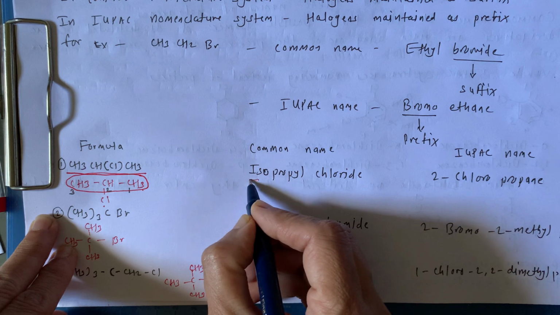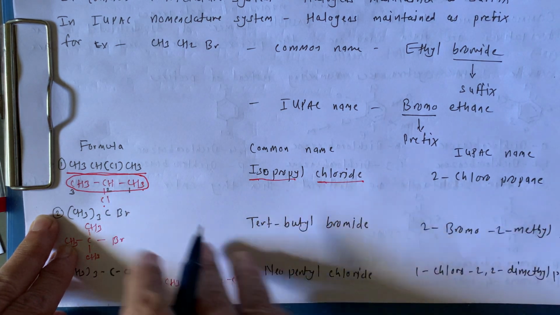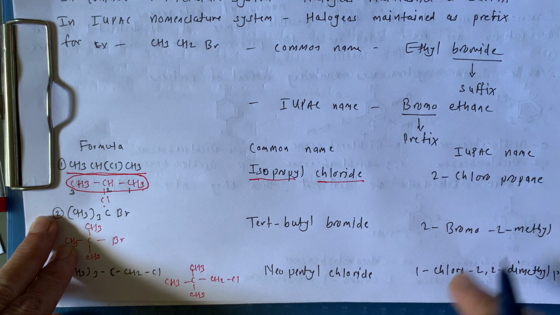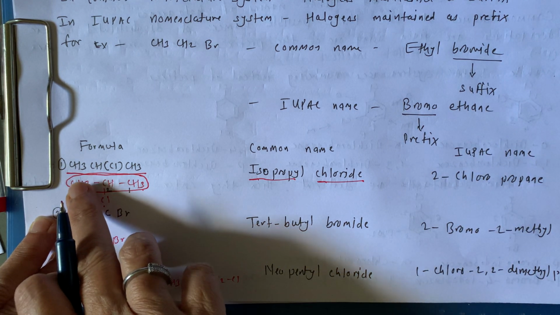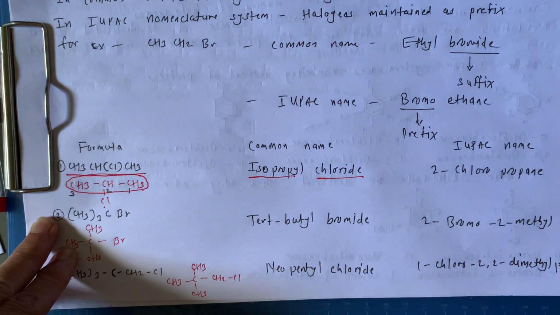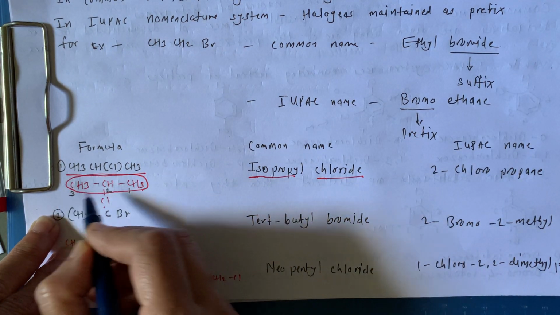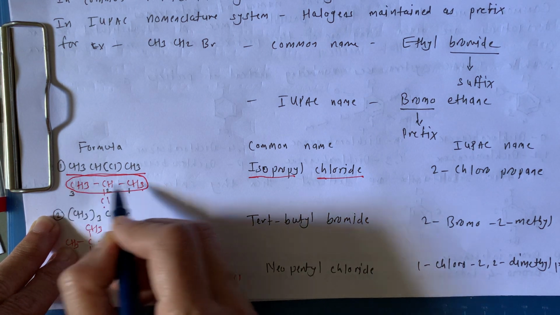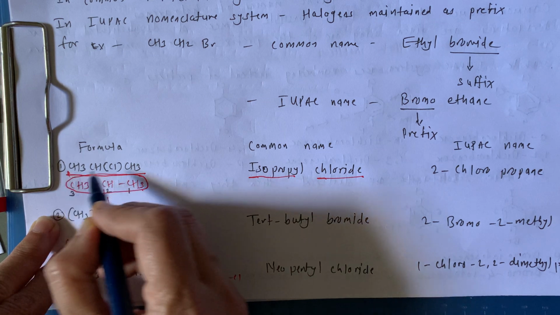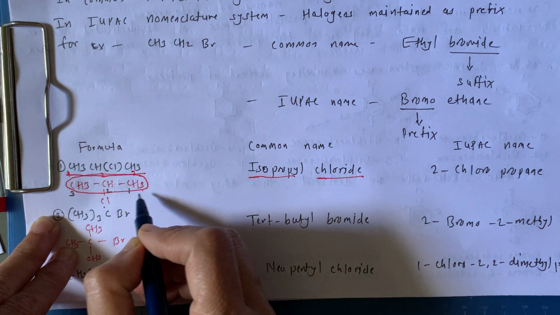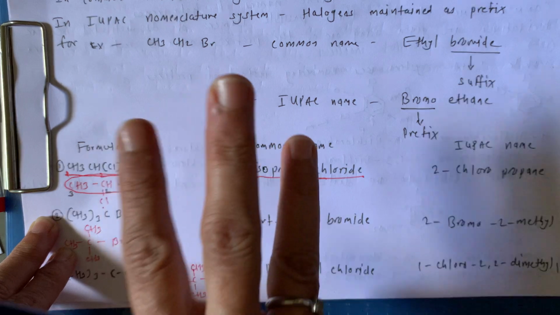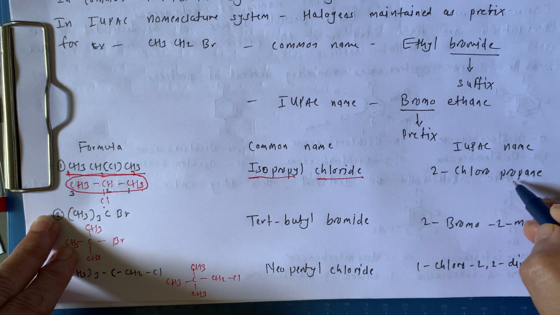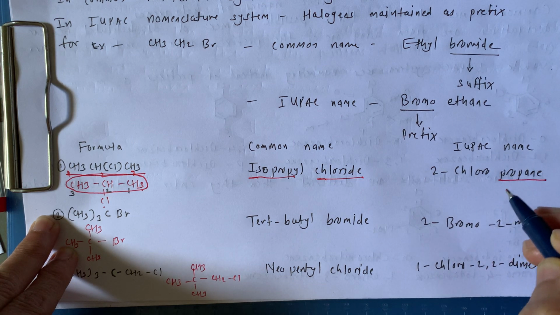So this is isopropyl chloride. Now what is the IUPAC nomenclature system? We have to follow all the rules. First of all, you have to select the longest continuous chain. In this longest continuous chain, how many carbon atoms are there? There are 1, 2, 3. Or if you start from this end, it is again 1, 2, 3. So this is the longest continuous chain of 3 carbon atoms, so the parent hydrocarbon is propane.